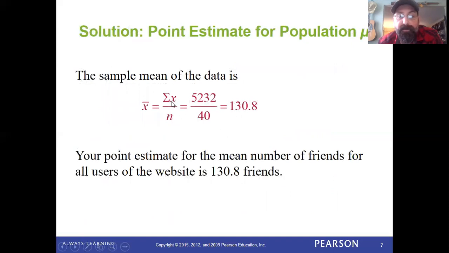If we calculate the average, we just have to add them all up and divide by the 40, you get 130.8. So our point estimate for the mean number of friends all users have on, say, Facebook is 130.8. So we're trying to estimate what is the average number of friends for all users of Facebook? And we're basing this 130.8 on only a sample of 40. So our point estimate for mu is 130.8 because it's the X bar we got from this sample.